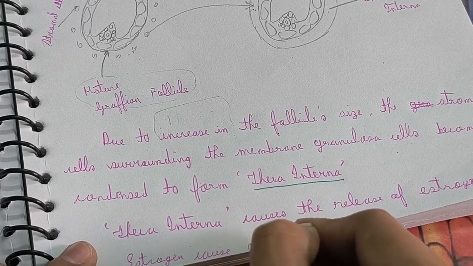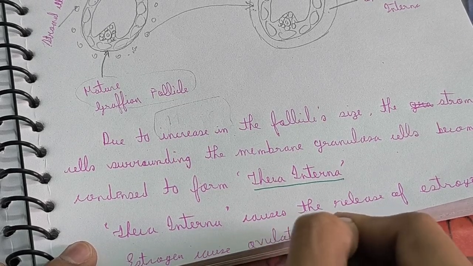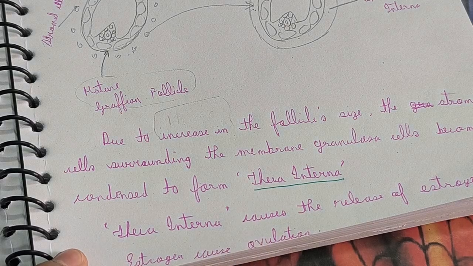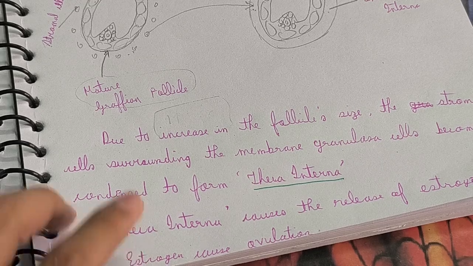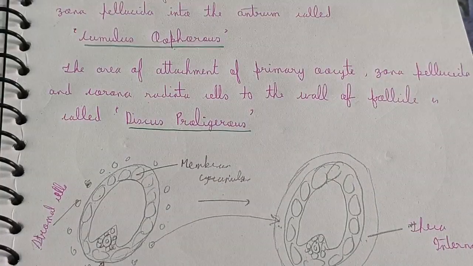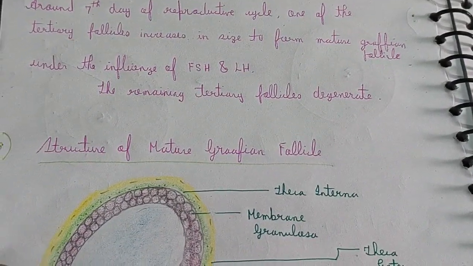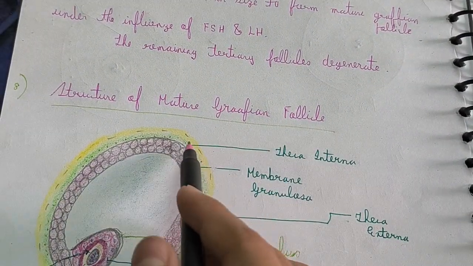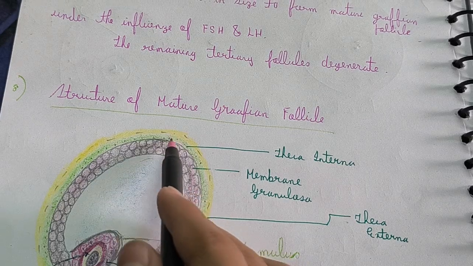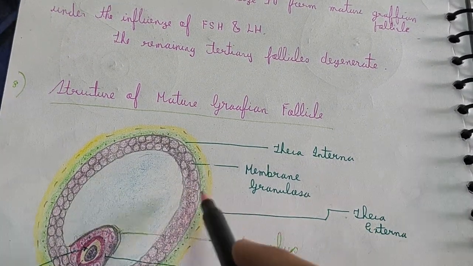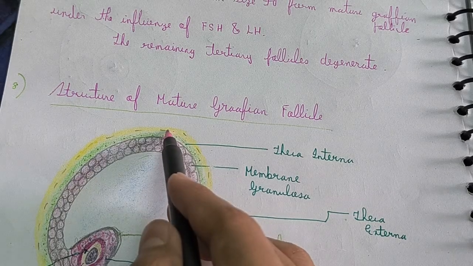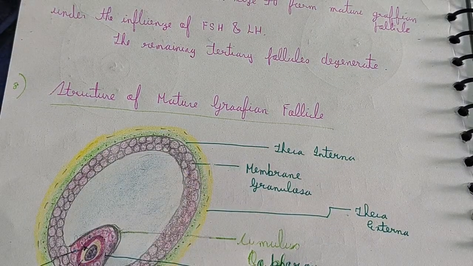I think you studied ovulation in your NEET UG journey also. During that ovulation, or just before it, the first meiotic division will be completed. Now you can see that one extra covering layer is formed around this theca interna, and this is known as theca externa, just simple.